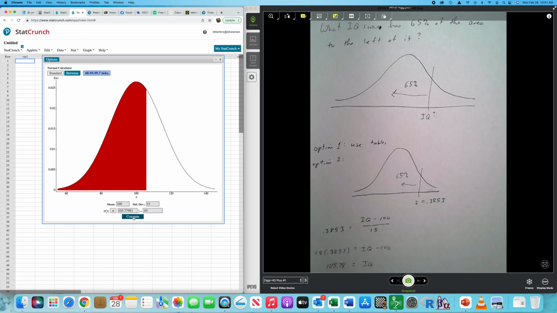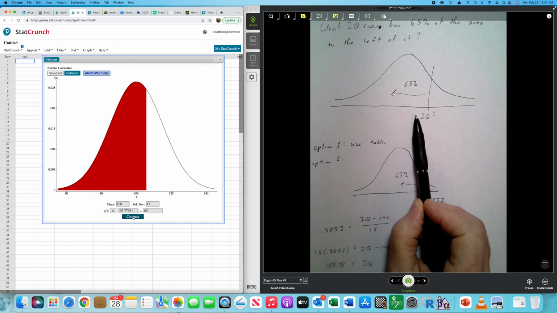Directly input the information. Stop converting this stuff to z-scores. You don't need it. If you have a standard normal distribution, and you want to find information about a specific z-score or something, then plug it in. But if you have a normal distribution, not a standard normal distribution, StatCrunch allows you to just input it directly.